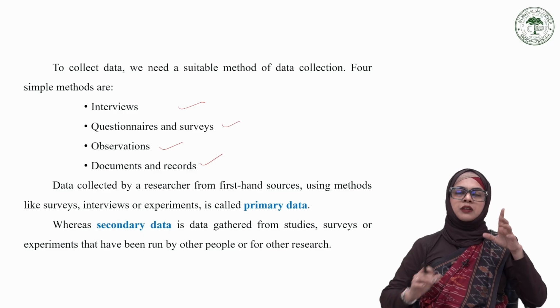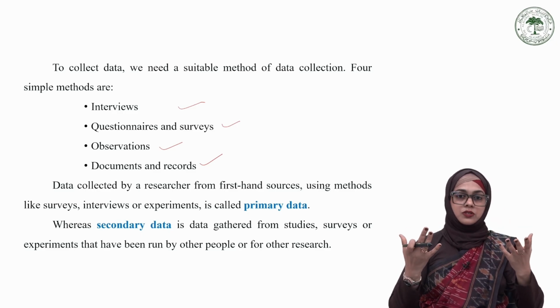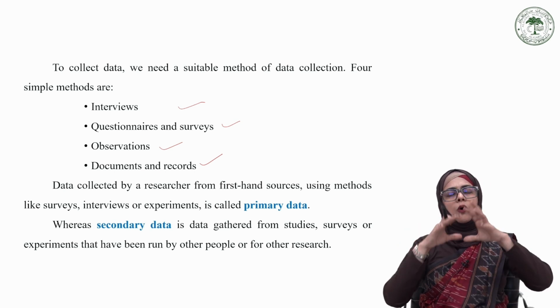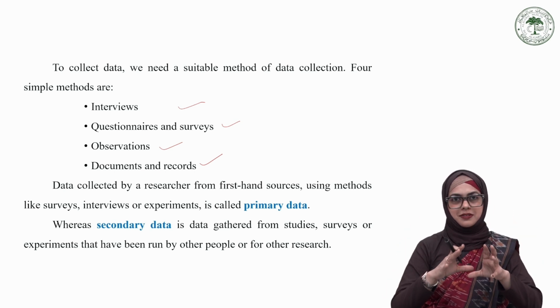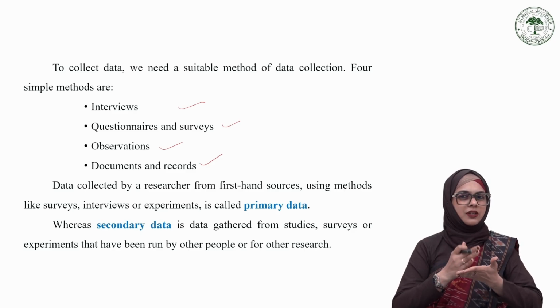The data collected by the researcher from first-hand sources, using methods like surveys, interviews, experiments, and so on, will constitute the primary data. What could be the advantage of such data?